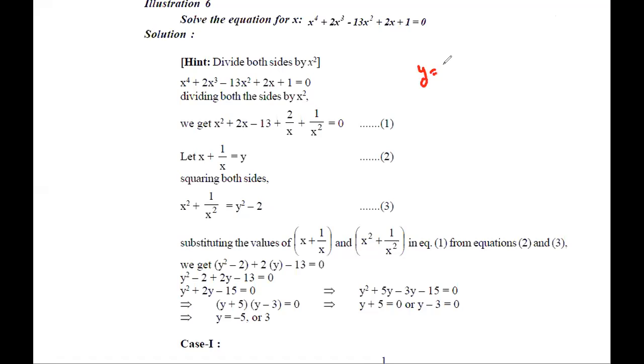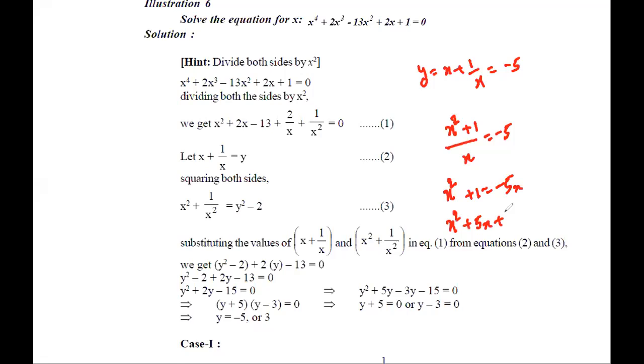y is equal to x plus 1 by x, है ना? मैंने इसकी जगह प्लस हो गया, is equal to, put करो -5, then solve. It will be x square plus 1 by x is equal to -5. Then x square plus 1 is equal to -5x. This will come this side, x square plus 5x plus 1 is equal to 0, right? Okay. Yes, very good Vaishnavi, very good. So इसको solve करने पे आएगा दो equation, then 3 लोगे तब solve करने पे दो equation आएगा, है ना?